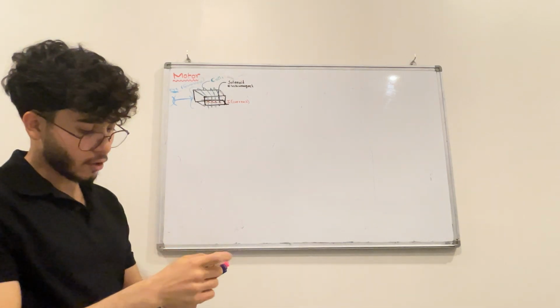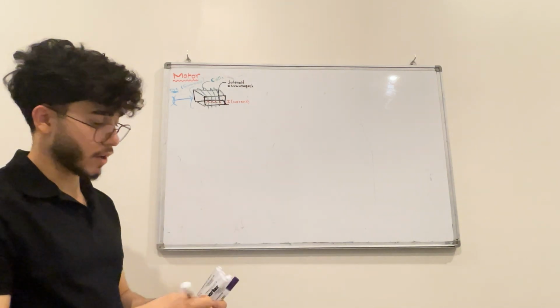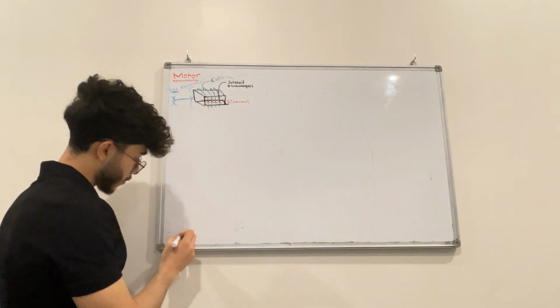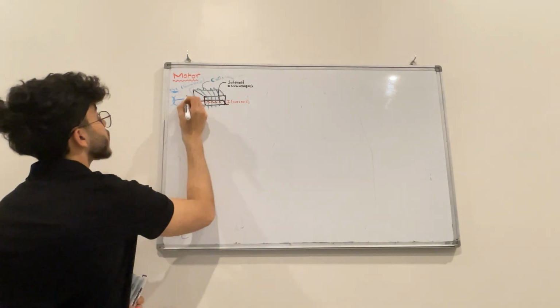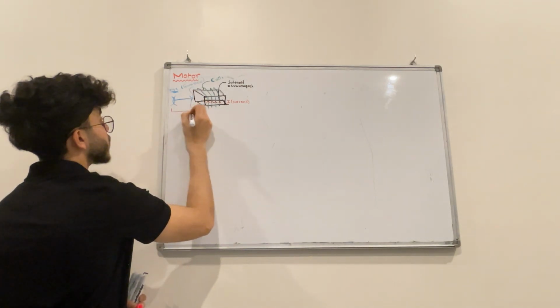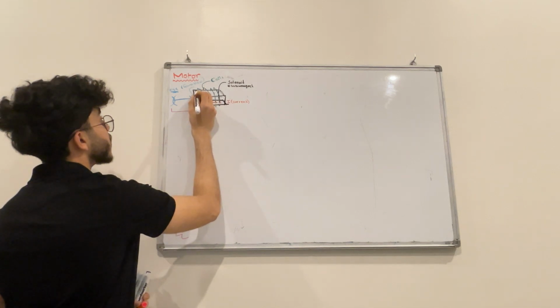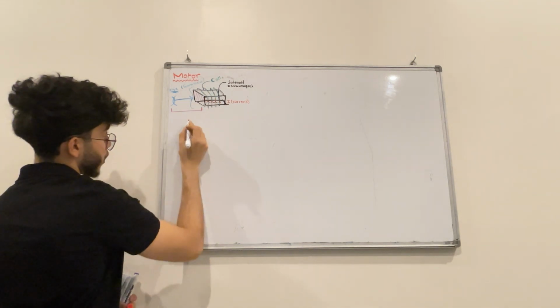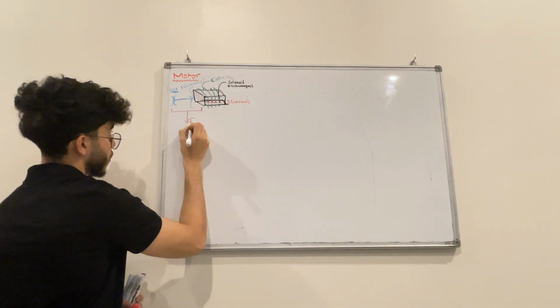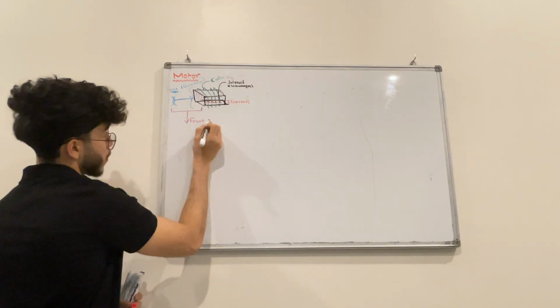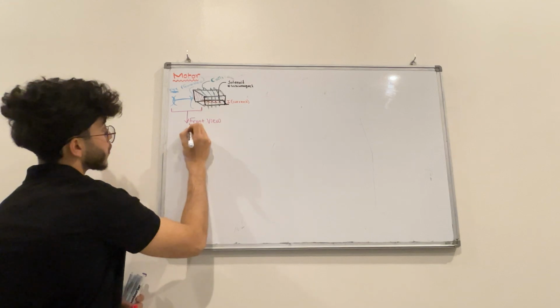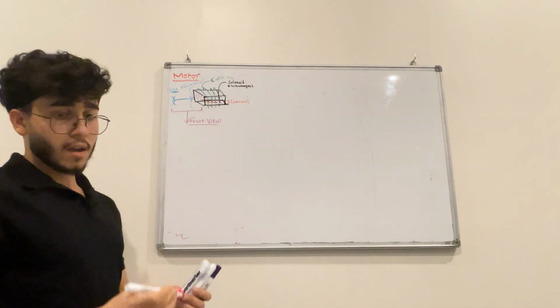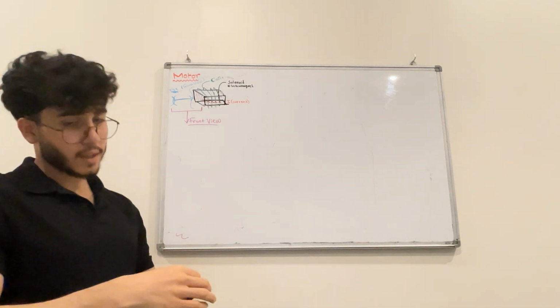Let's have a look at this part exactly. Taking this into consideration, we want to see basically the shaded part, which is the front view. The front view is going to look something like this.